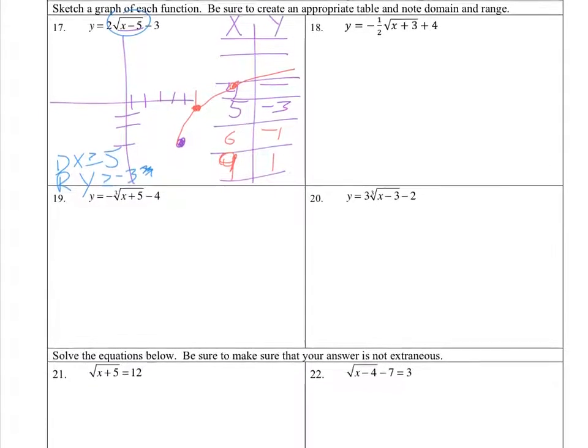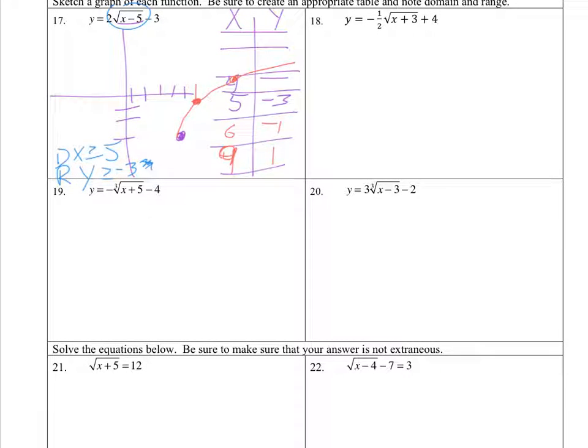Okay, for number 19, similarly I'm going to make a table. I'm going to start at -5 this time because that's what makes the inside of my radical 0. And I get the cube root of 0, which is 0, minus 0 is still 0, minus 4 is -4.